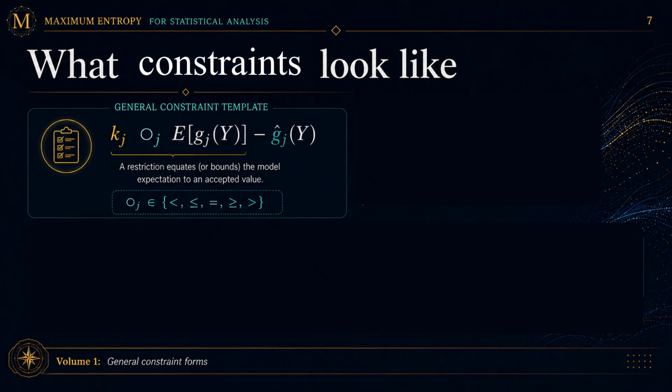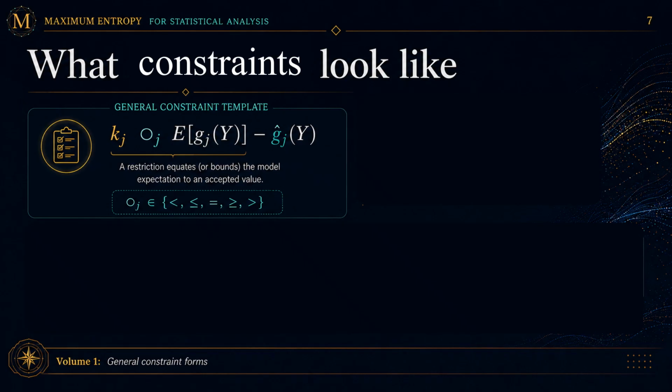Some expression, where that expression is a model-derived quantity that can be expressed as an expected value. Here, the expected value of the function g of y minus an estimate of g of y, which is g hat of y. Okay, so just set that on the table, and we'll unpack that a little bit and see how it plays into this broader framework. This is just a piece, and we're going to fit this into the entropy soon.